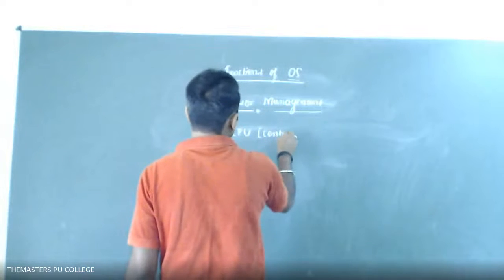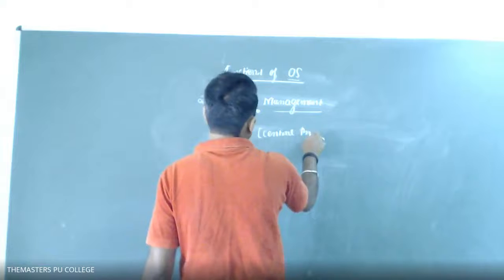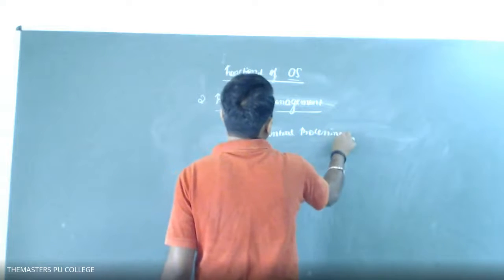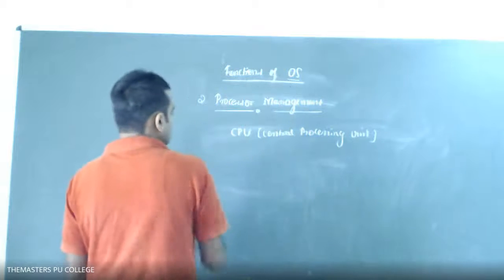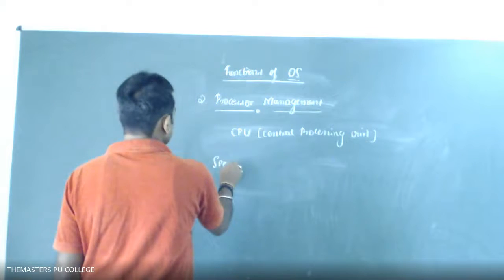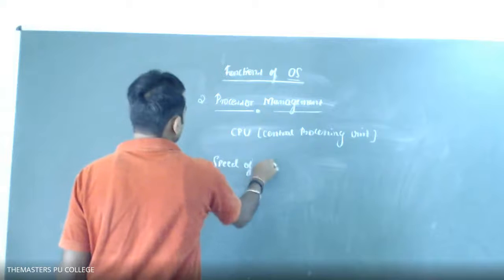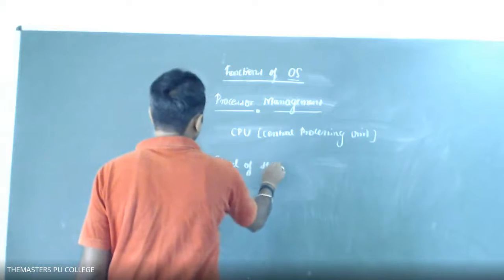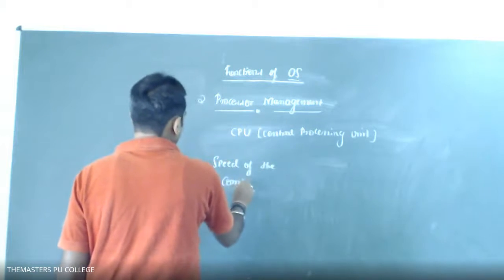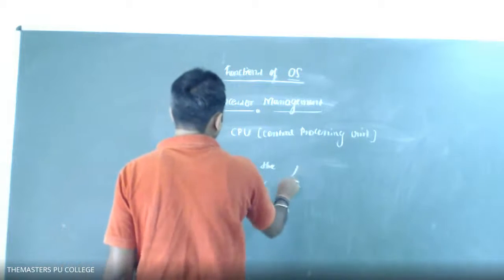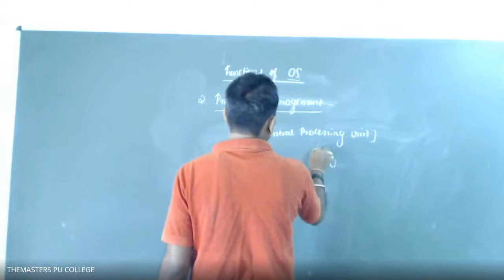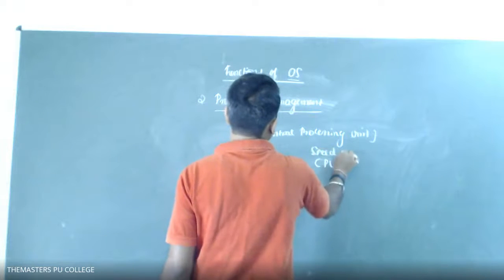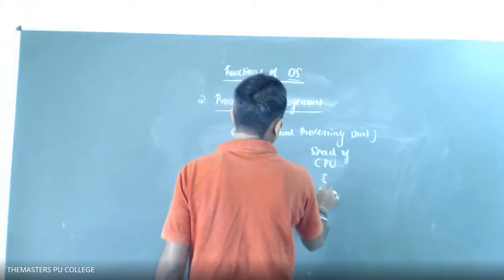Central Processing Unit, right? And the speed of the computer is directly proportional to the speed of CPU and RAM.